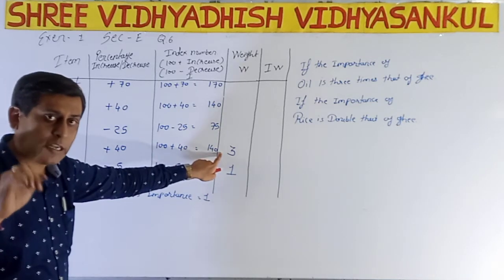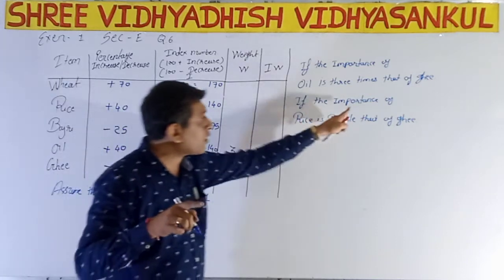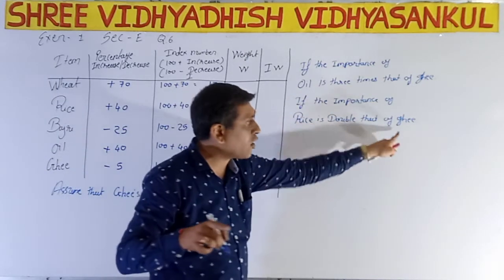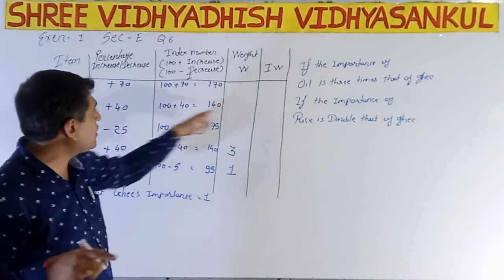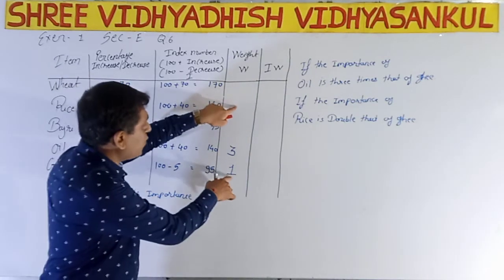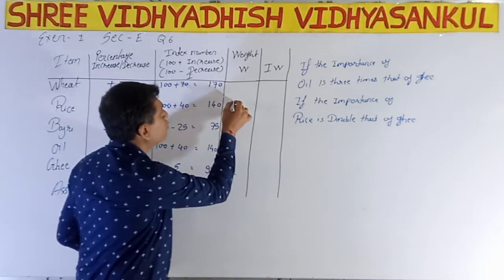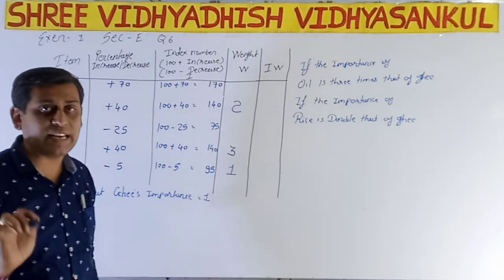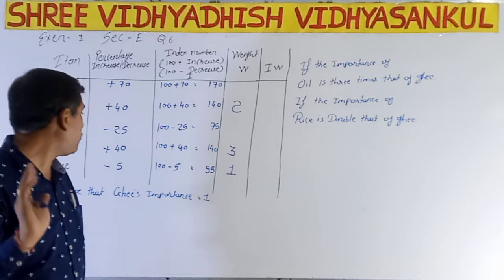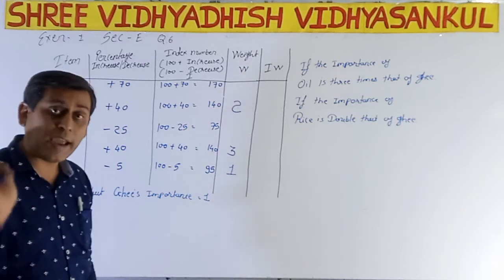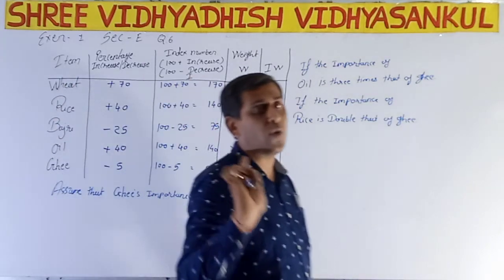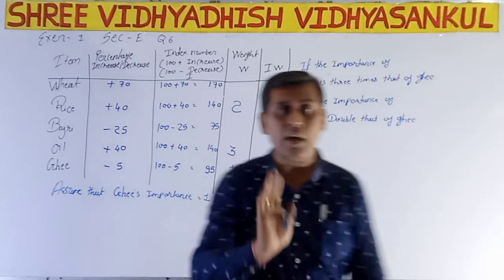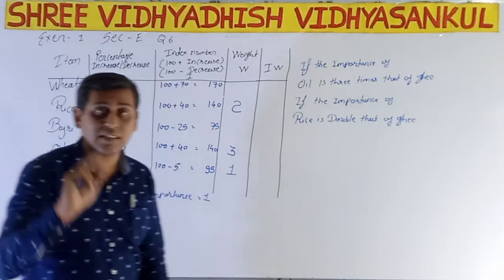Importance of oil is complete. Now the importance of rice is double that of ghee. Rice importance here is double, that's why 1 into 2, that is 2. So here your weight for rice is 2 and the weight for oil is 3, and we are assuming weight for ghee is equal to 1. Here 1 sentence is complete. Now the second one.